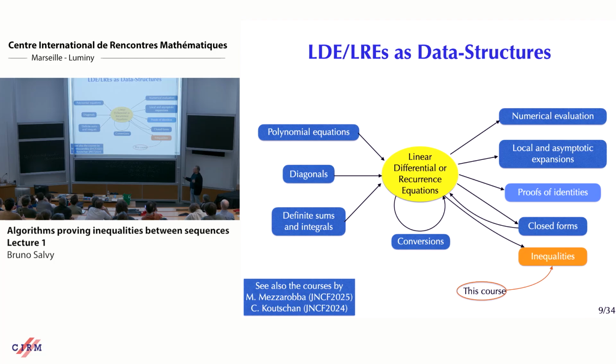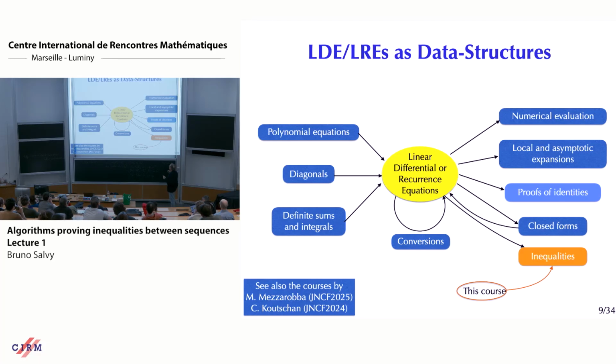Definite sums and integrals, and there was the course by Christoph Koutschan about this 2 years ago, how you compute linear recurrences or differential equations for definite sums and integrals. And once you have this as your data structure, you can do numerical evaluation in a reliable way, and there was a course by Marc, who's not there, last year. You can compute local and asymptotic expansions easily.